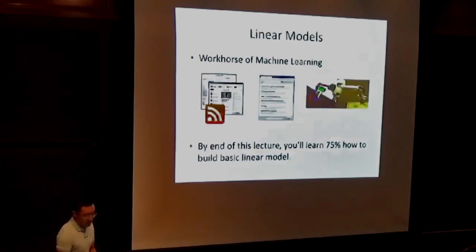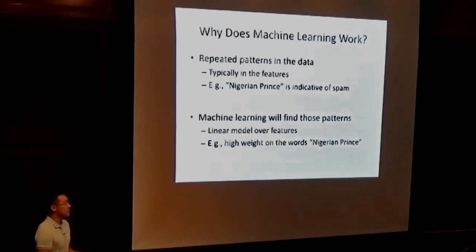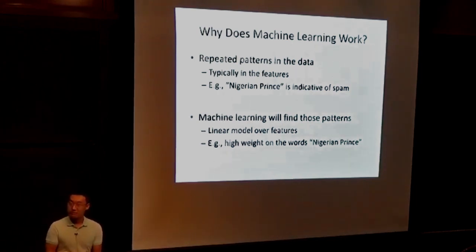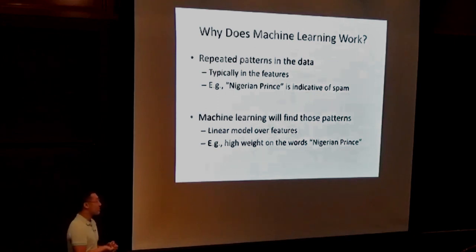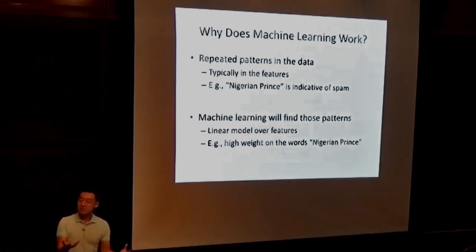So let's talk about some other issues. Why might we expect this process to work at all? The reason why we expect this process to work, or I think the best reason, is that there are repeated patterns in the data. And ideally, these patterns are captured in your feature representation of the raw data.